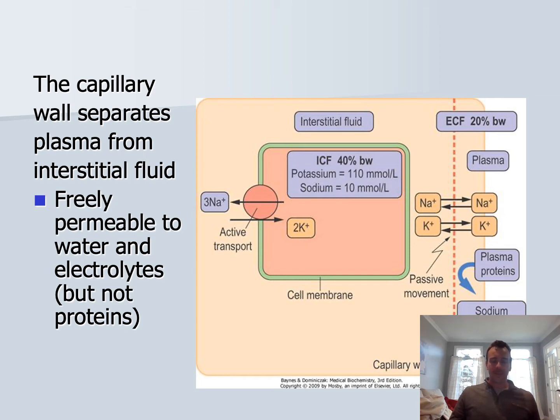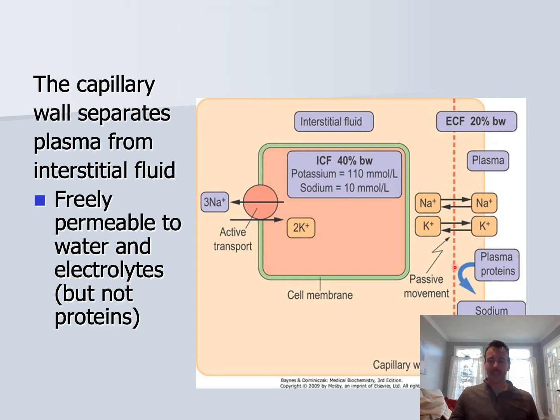The capillary wall separates plasma from the interstitial fluid. So shown here, it would be a cell with the cell membrane, the interstitial fluid shown here. The capillary wall is freely permeable to water and electrolytes, but not proteins, as we've talked about in the past.